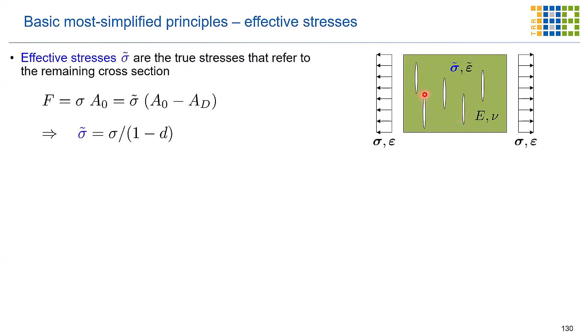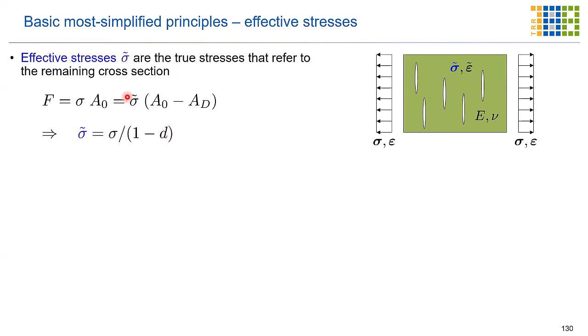There is not only one AD. This A may change over length, but if we want to assume, for simplicity right now, that we can describe something like an effective AD, we can reformulate this influence of this decreasing area to a D, to a damage value.